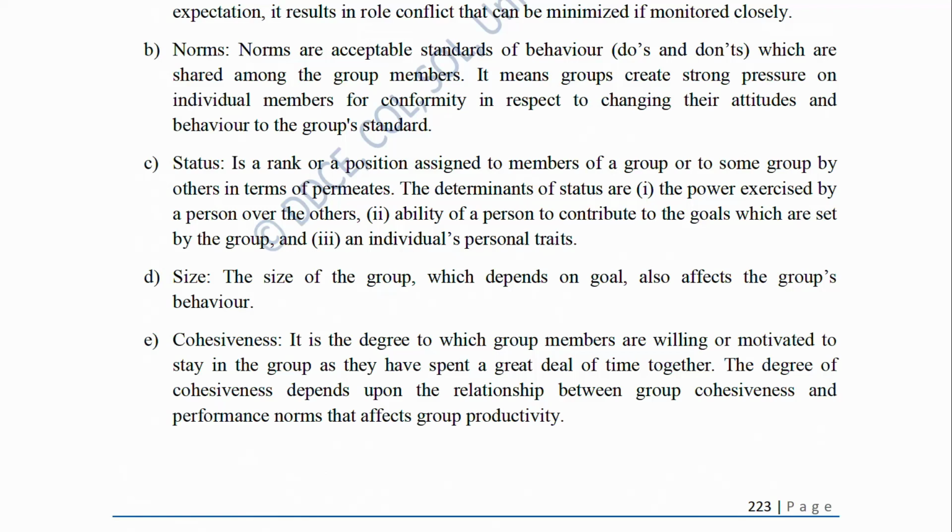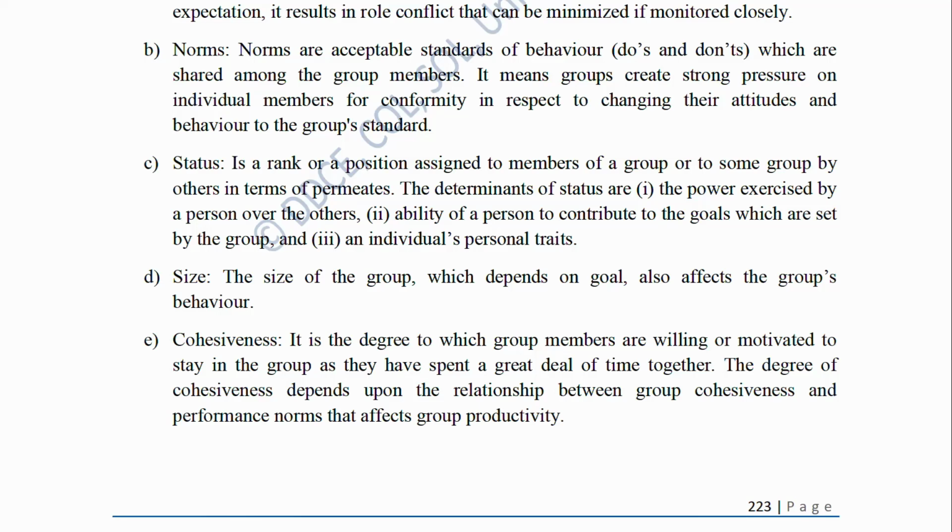Third, status is a rank or a position assigned to members of the group, or to some group, by others. The determinants of status are the power exercised by a person over others, the ability of a person to contribute to the goals which are set by the group, and an individual's personal traits.